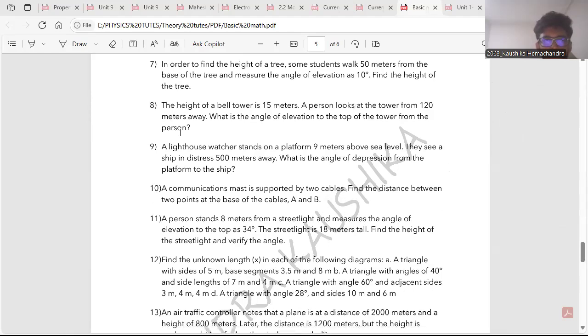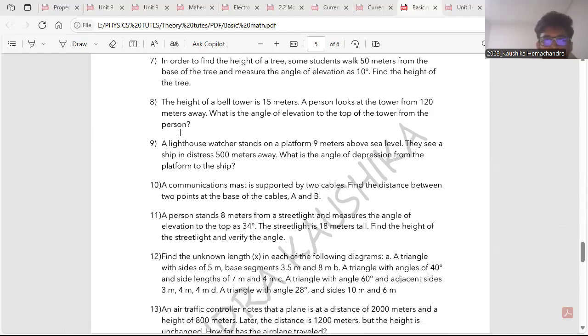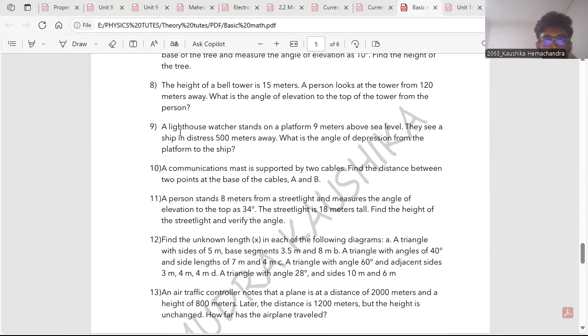The height of a bell tower is 15 meters. A person looks at the tower from 120 meters away. Find the angle of elevation to the top of the tower from the person.